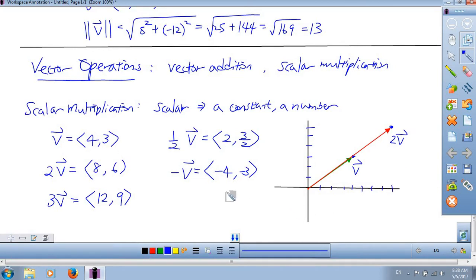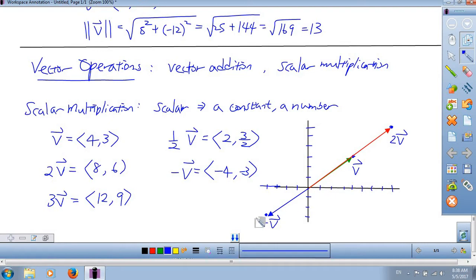Now let's take a look at what negative v looks like. It will be -4, and then -3, so the terminal point would be here. Let me use blue here. So negative v, not very perfect, is exactly the same vector as v, but in the opposite direction.